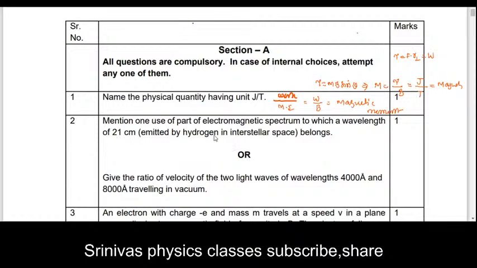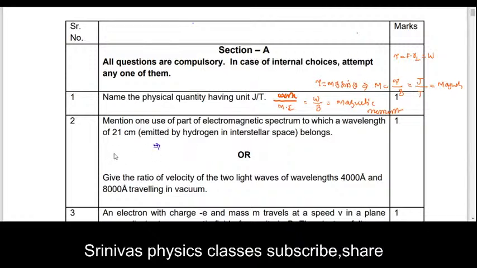Let us go for the next question. Mention one part of the electromagnetic spectrum to which a wavelength of 21 centimeter belongs. You have to study the uses of all electromagnetic waves.